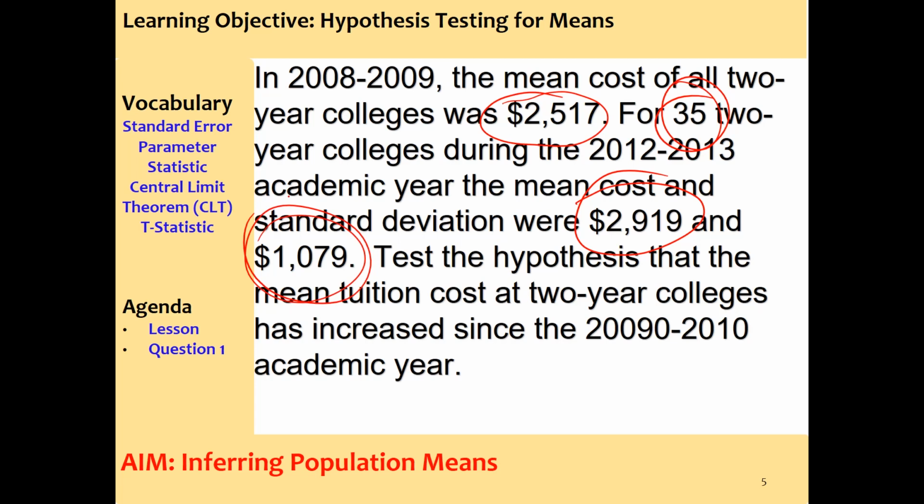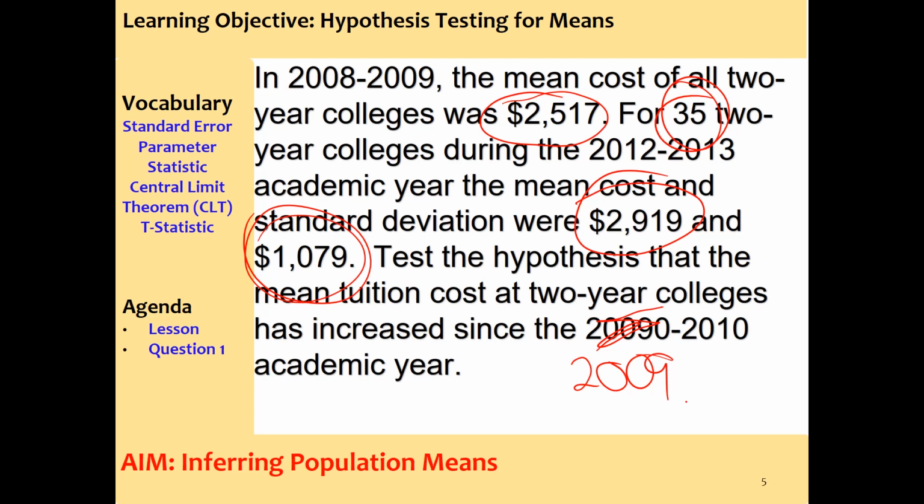Test a hypothesis that the mean tuition cost at two-year colleges has increased since the 2009-2010 academic year. So we suspect that it has. We checked 35 schools and got their mean and standard deviation. We have all the information we need to do this.